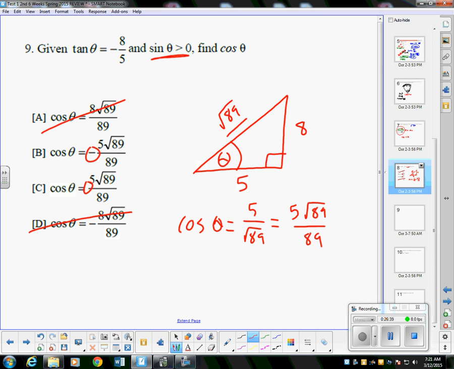All right, if my sine is positive and my tangent is negative, knowing that tangent is y divided by x, if my y is a positive number and my result is a negative number, then that means the cosine must be negative. The cosine must be negative.